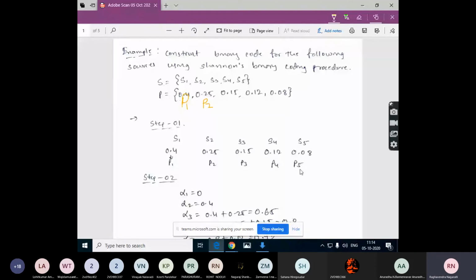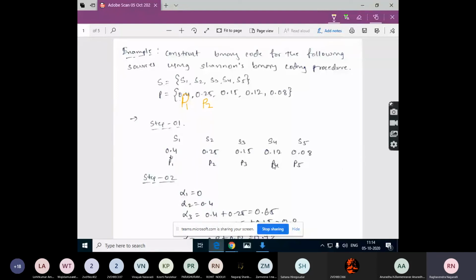Up to that, the given probabilities are just the normal set of probabilities for those respective symbols.